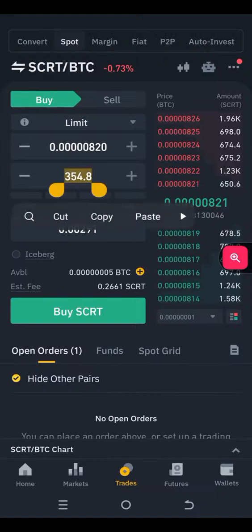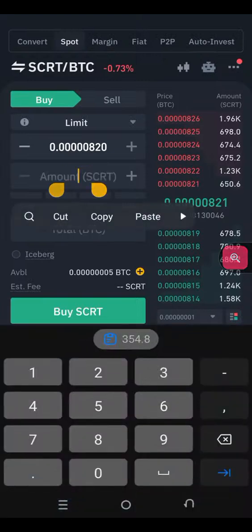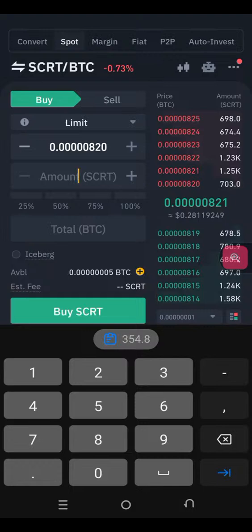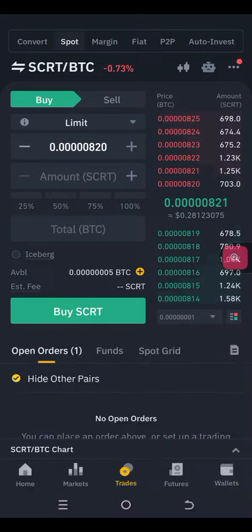Since we know that we can make money with it, what is the next thing we need to do? We need to check the networks, whether they are the same, because if not, it's just going to hang. And we must check the transfer fees. Please don't forget that. Oh, look at it, it's gone up now, but no problem. Let's see how it goes. Let's go and check the withdrawal.